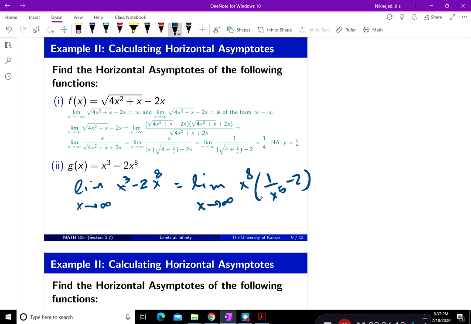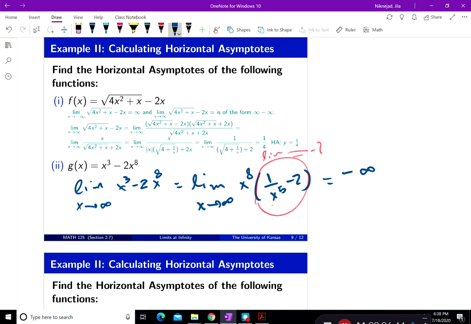As x goes to positive infinity, if I bring the limits inside, this limit is equal to -2, and so it will be -2 times positive infinity, which is a negative value. So this limit gives me negative infinity.